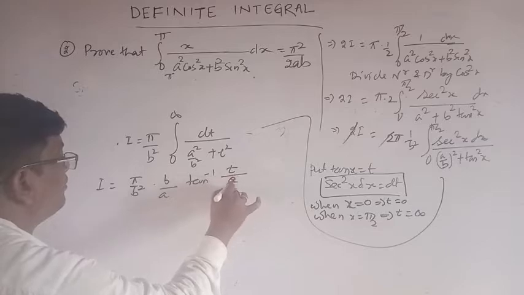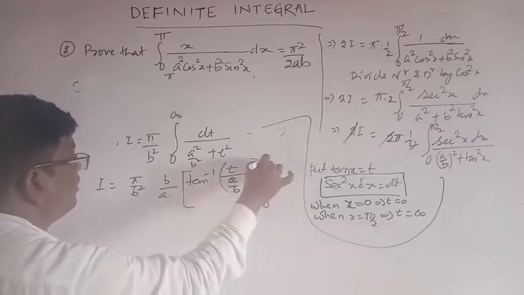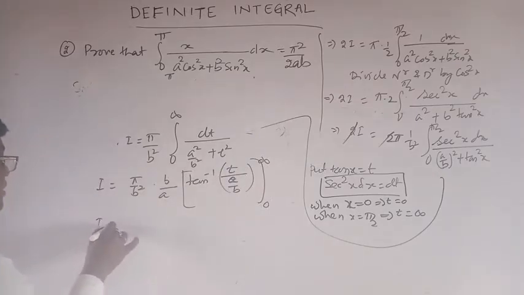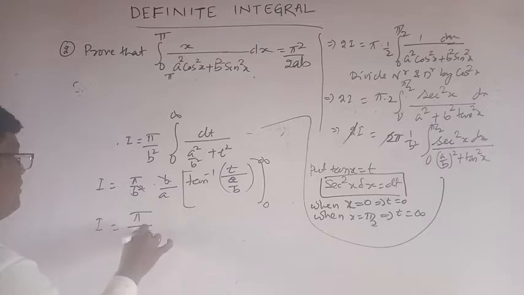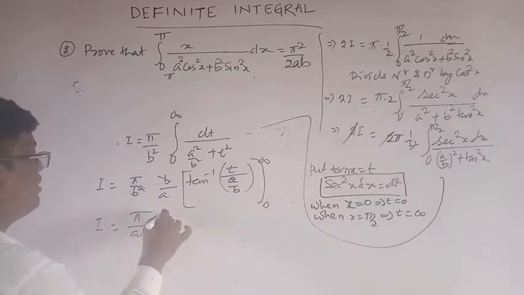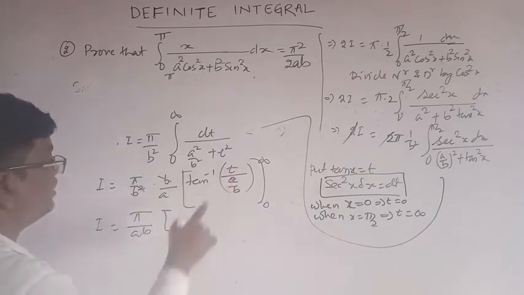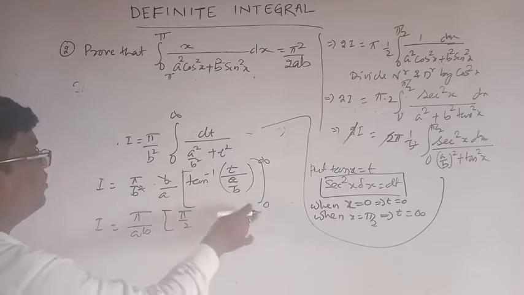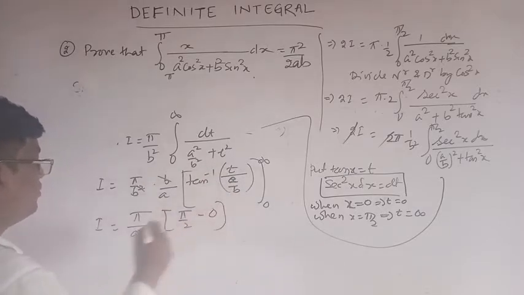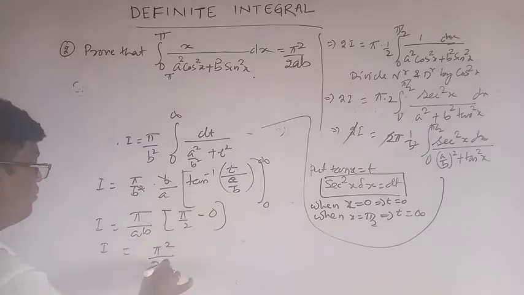So the limit 0 to infinity. So I is equal to, b cancels here, pi by ab, and put tan inverse infinity, which means pi by 2, and put a equal to 0, this is 0. So I is equal to pi square by 2ab.